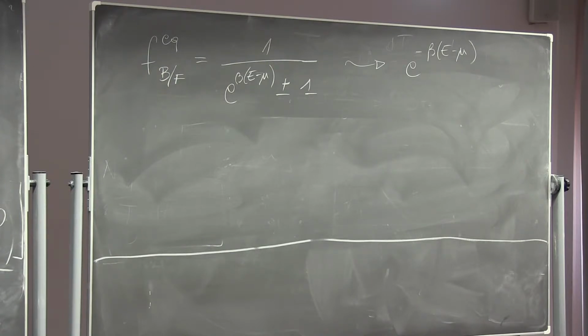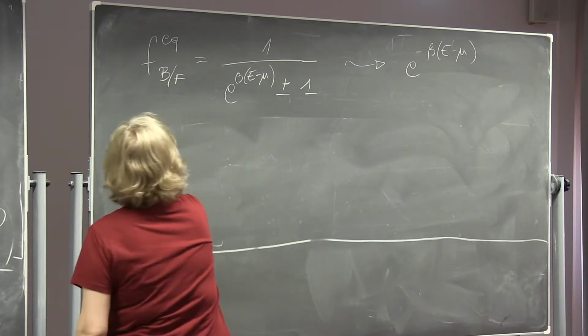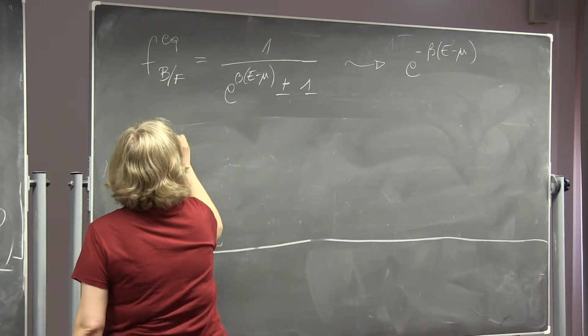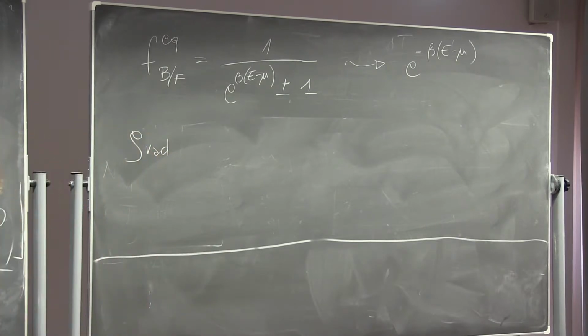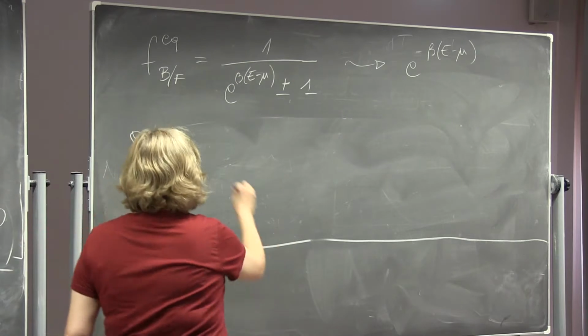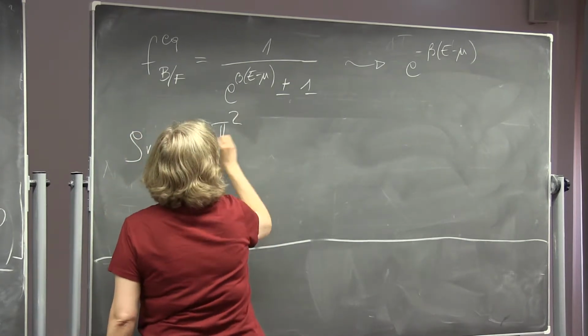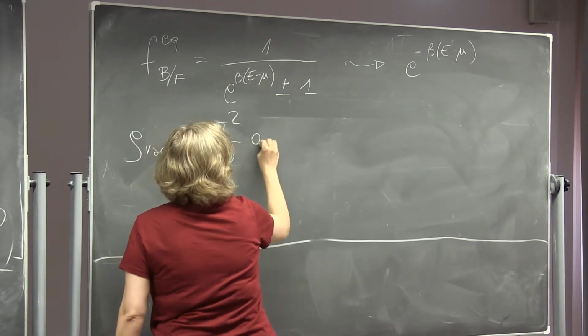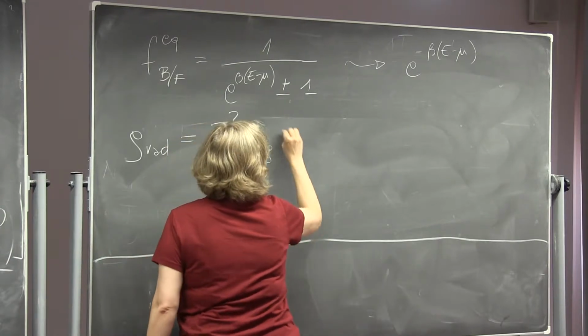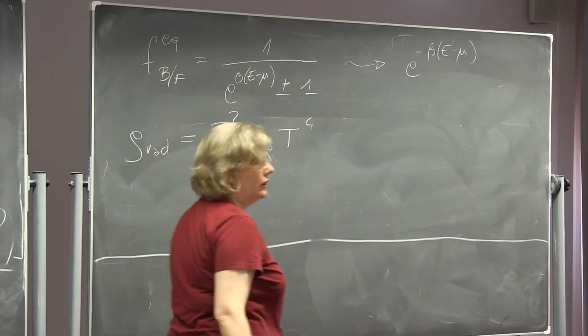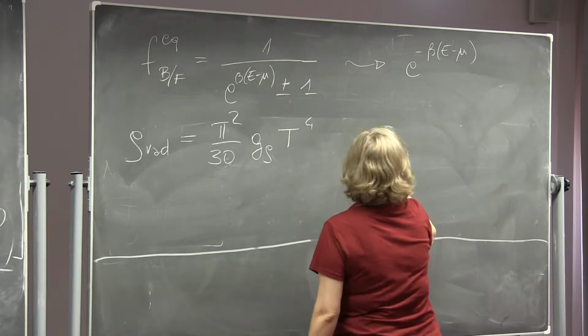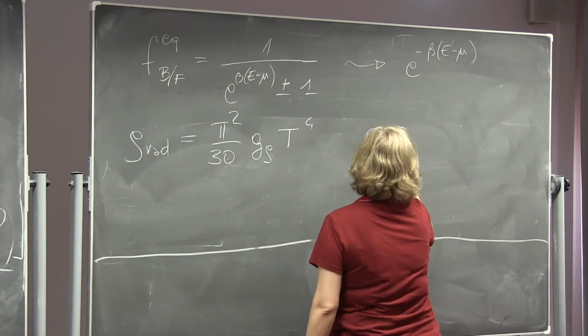Okay, now let me go to the formula for the density of radiation, which I didn't write explicitly. I write it only for one species. You can write it for the general species, and similarly you define this g rho factor, where g rho is defined in a way similar to the g s.